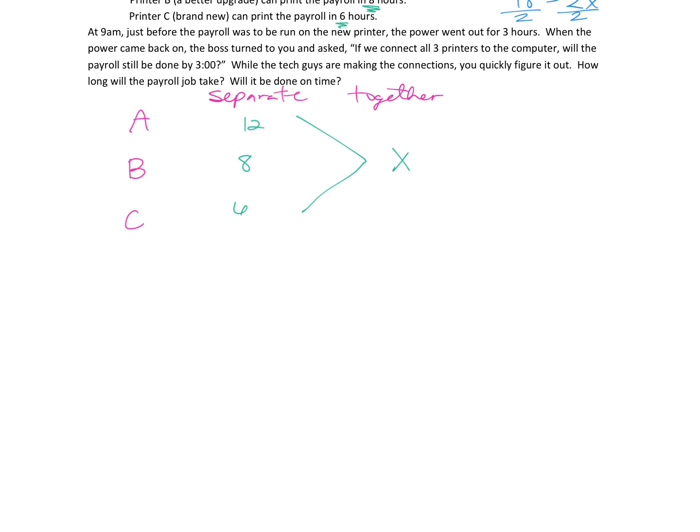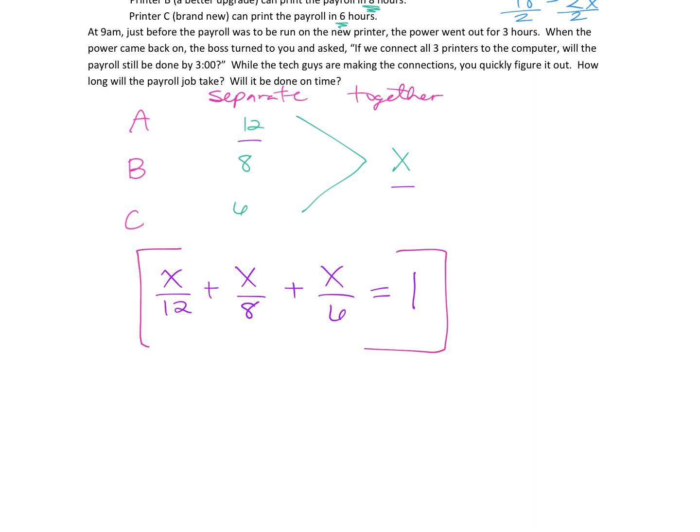x over 12 plus x over 8 plus x over 6 equals what? A complete job. What do you do? The least common denominator is 24. So take that 24 to everything. Don't forget about the 1.